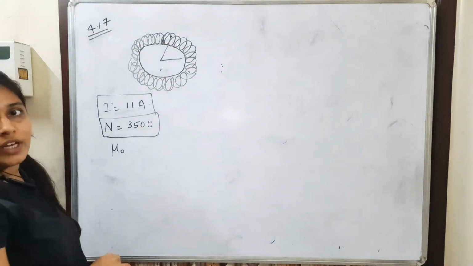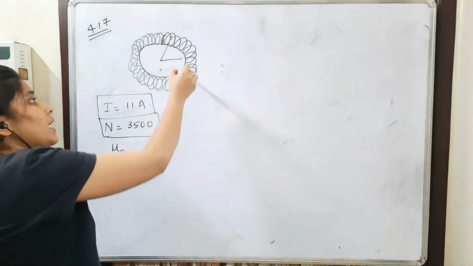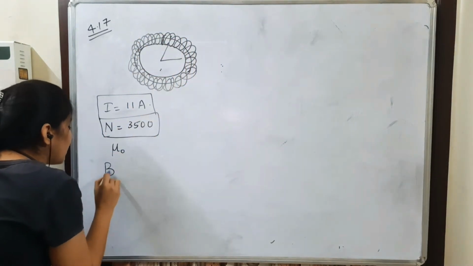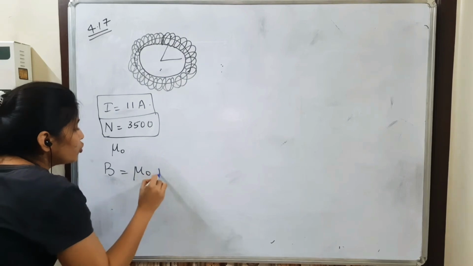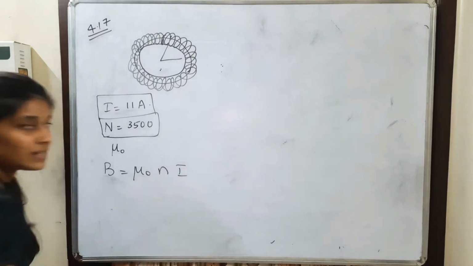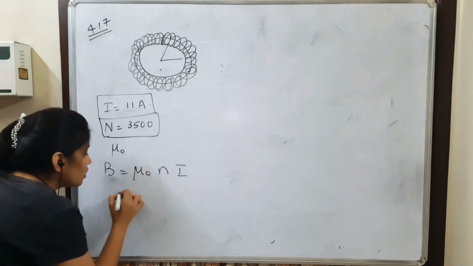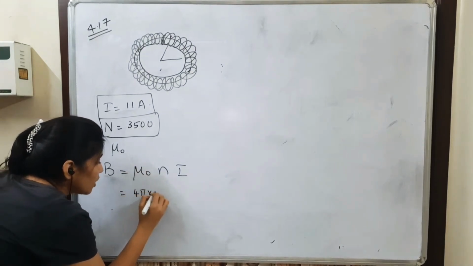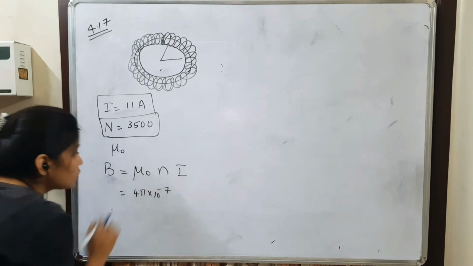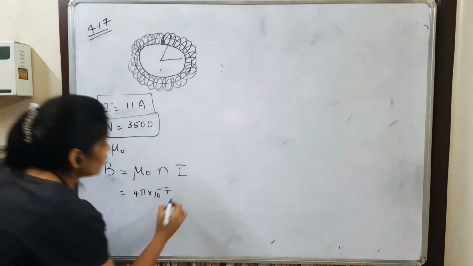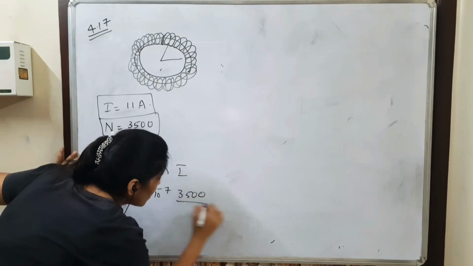The magnetic field due to a toroid is equal to 0 outside, and inside the core of the toroid the magnetic field is given by B = μ₀nI. That's it, as simple as that. Here μ₀ is equal to 4π × 10^-7 and small n represents number of turns per unit length.